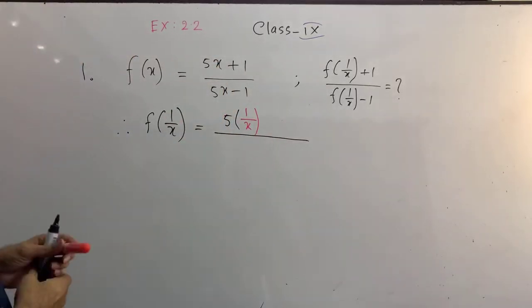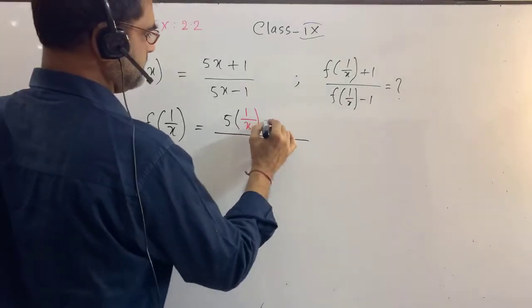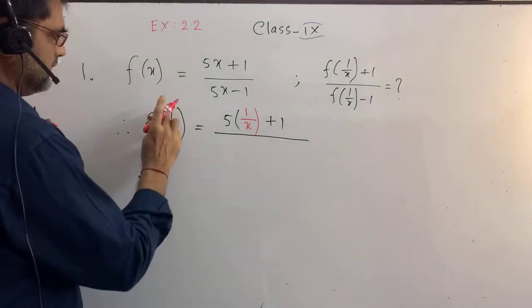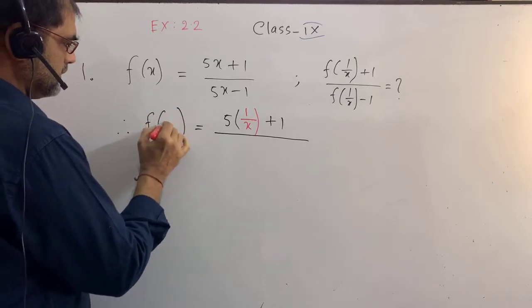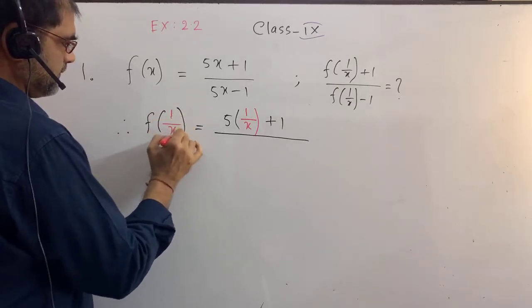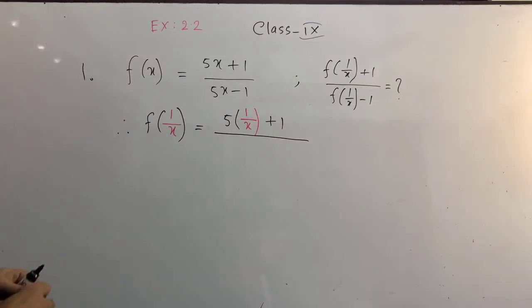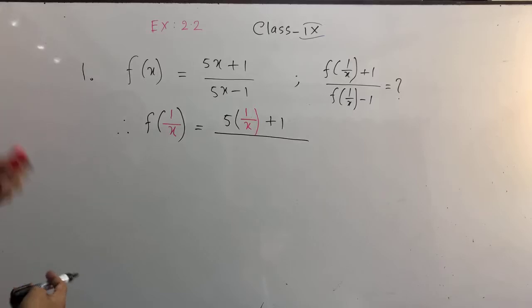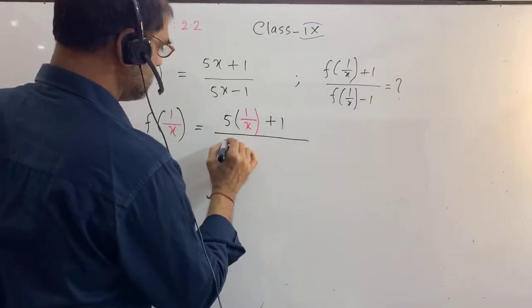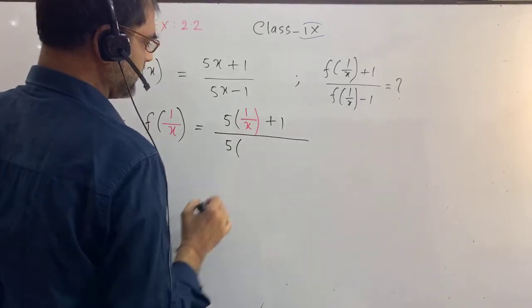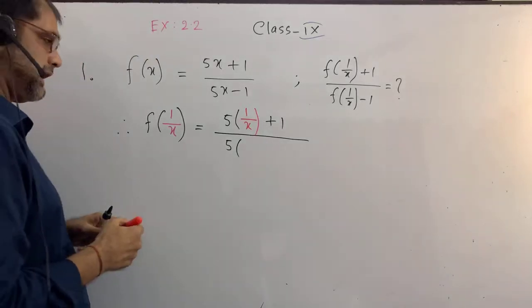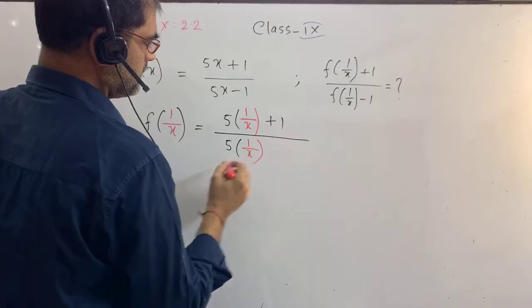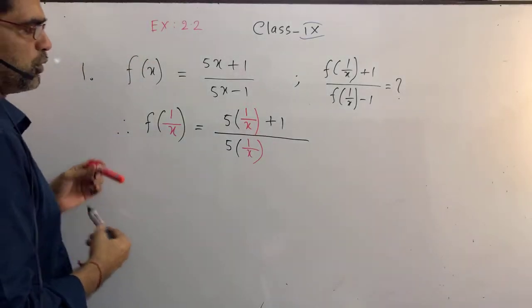Have you got me? It is plus 1, and you will understand again if I mark it like this. So for x we are going to write down 1 by x. Now you see, here also for x we will write 1 by x. Okay, minus 1.